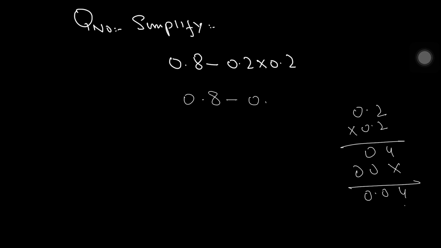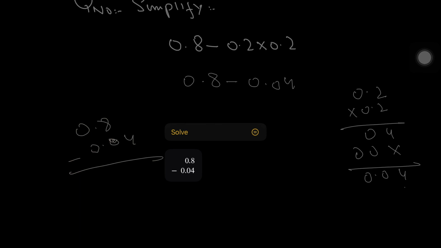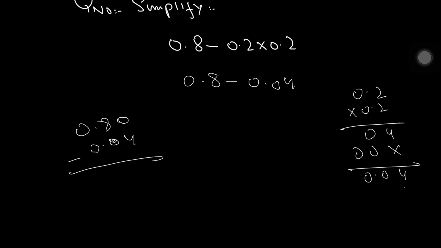So 0.04 is the answer of 0.2 multiplied by 0.2, and in the last we simplify 0.8 minus 0.04. Here we assume this place is 0 present. So when we subtract, we transfer 1 from 8.